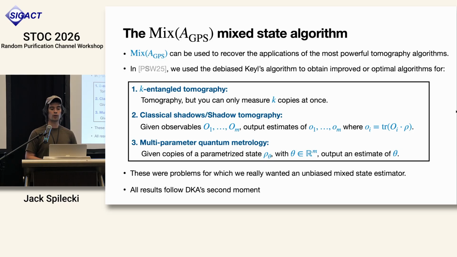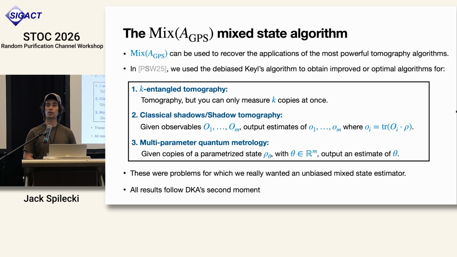But in our new work, because the GPS algorithm is itself unbiased, the mixed state version, mix of GPS, will actually inherit this result. And so we get unbiasedness very cleanly. And in fact, its second moment is also not terribly complicated to compute.